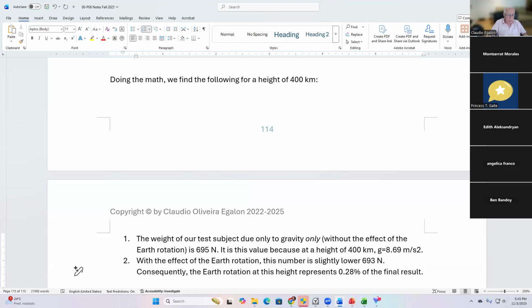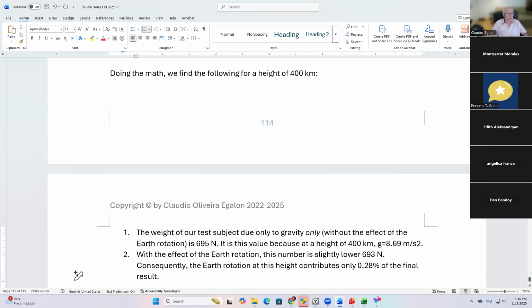Contributes, not represents, but contributes only 0.28% of the final result. And remember, for the sake of this course, anything less than 10% is negligible.